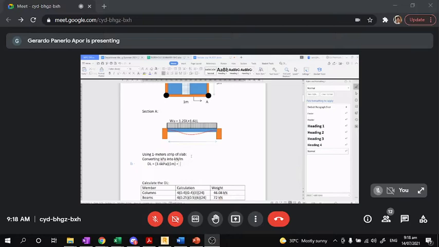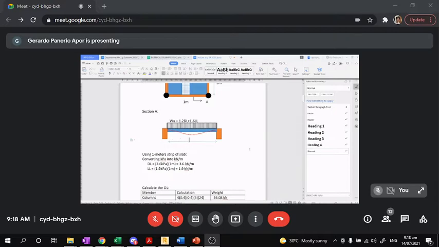This is equal to 3.6 kilonewton per meter. Then live load will be equal to 1.9. This 1.9 appears in the National Structural Code of the Philippines for residential area, times 1 meter. The 1 meter strip that I told you should become 1.9 kilonewton per meter. So that's how you convert kilopascal into kilonewton per meter. So this is now what we call line load already. In fact, this is a line. We consider the beam as a line.